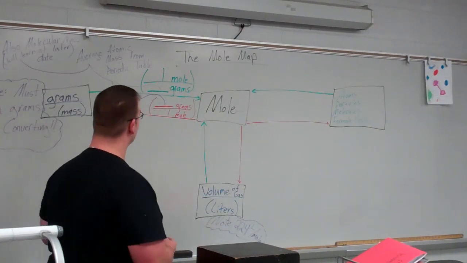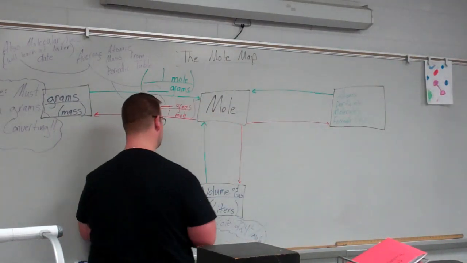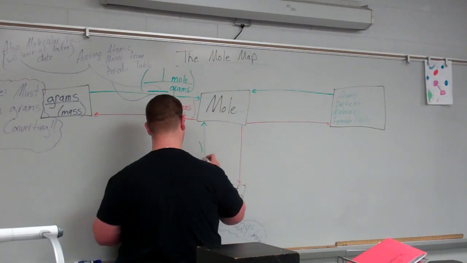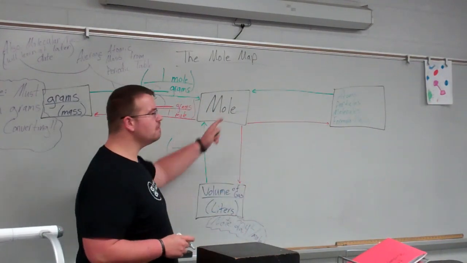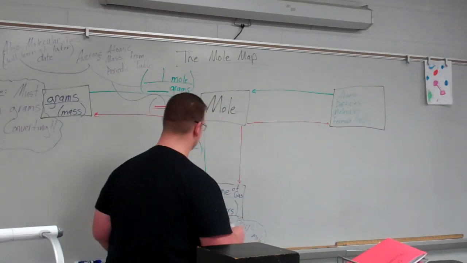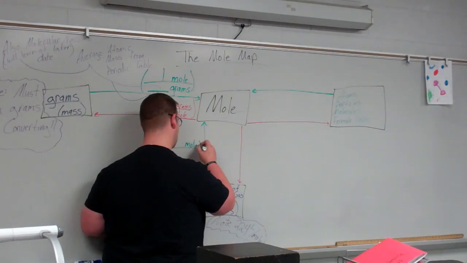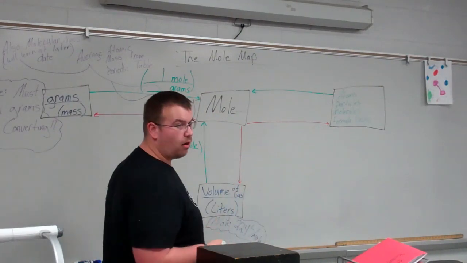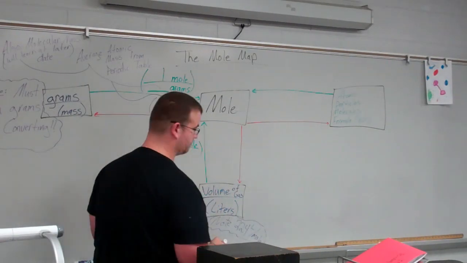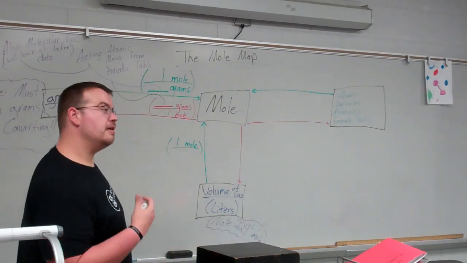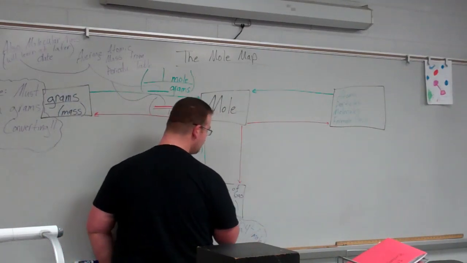So if we are going from volume of gas to moles, guess what you'll do? You'll set up a conversion factor. We're going to moles, so what goes on top? Mole. Guess what number goes with mole? One. And then we have the volume of gas, which must be in liters.